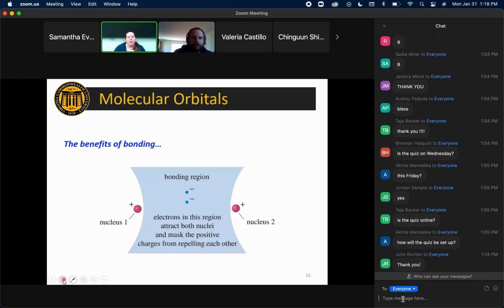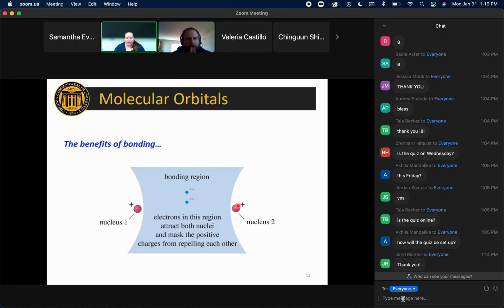We just talked about how, for two hydrogen atoms coming together, there was a benefit because of filling up the valence shell. But this is another way of thinking about why bonding is good for atoms. If you want to bring two atoms together because they want to share each other's electrons to reach a full valence shell, when you bring them closer, the positively charged nuclei, because nuclei have protons and neutrons, are going to repel each other.